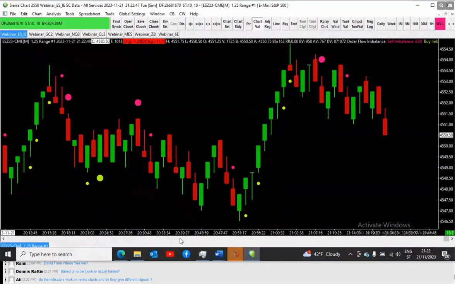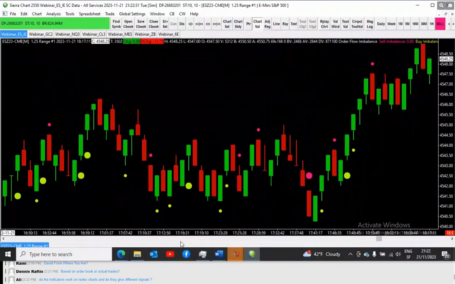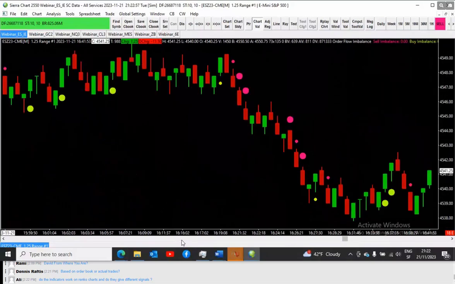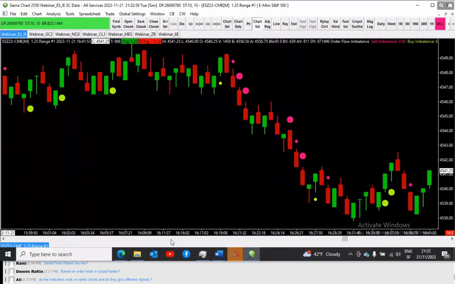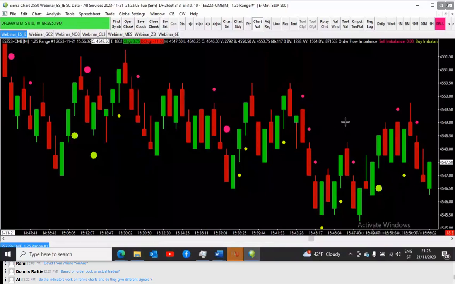So this again was just put together to give new traders a bit of help and support in trying to identify in which direction things should be moving as they work through the exercise. So fairly simple indicator, not too difficult.